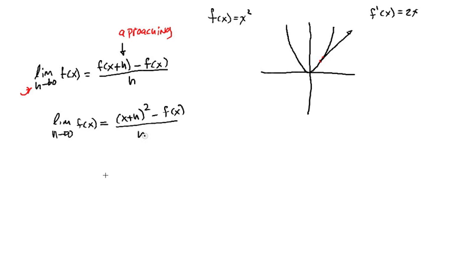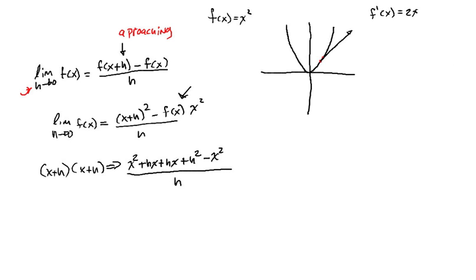And we can just rewrite that: x plus h times x plus h is the same thing as x plus h squared, which would give us x squared plus hx plus hx plus h squared. And keep in mind that we still have the f of x here, which just represents another x squared. So we could tack on another minus x squared here, all over h.